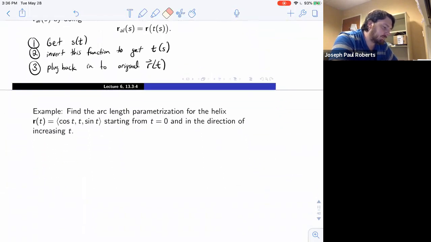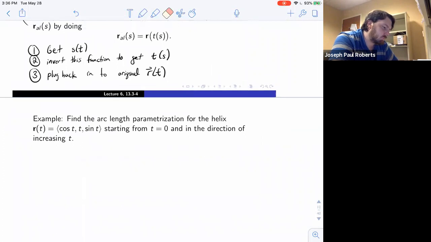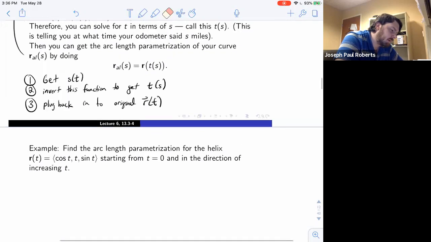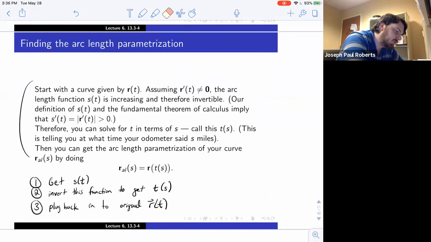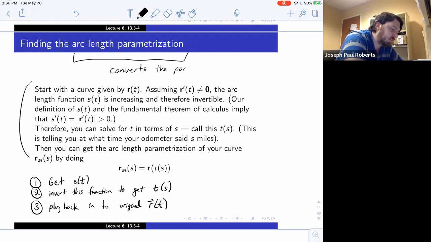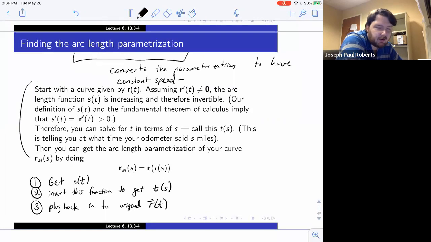Okay, so anyway, let's get the arc length parametrization for this situation here. Arc length parametrization sort of converts the parametrization to have constant speed, so that you're deleting the traffic variability.